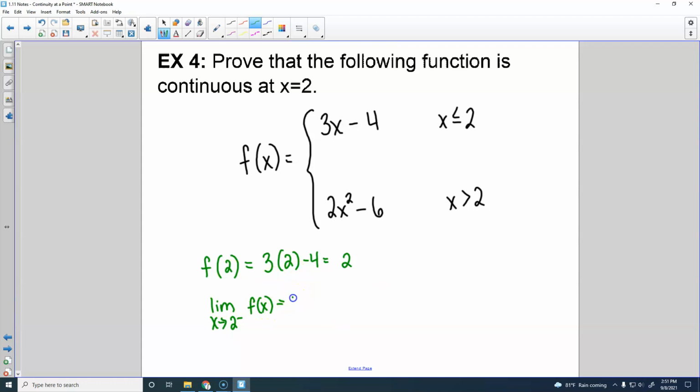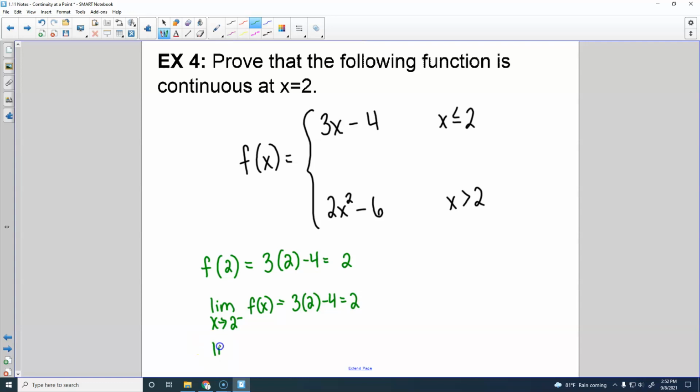And then if we plug in 2, we just have 3 times 2 minus 4. We've already done that, right? We got 2. So in this case, f of 2 and the limit from the left are the exact same thing, but you have to show them separately.